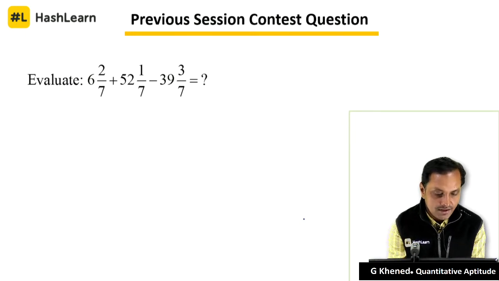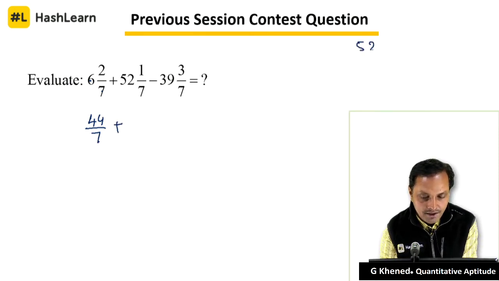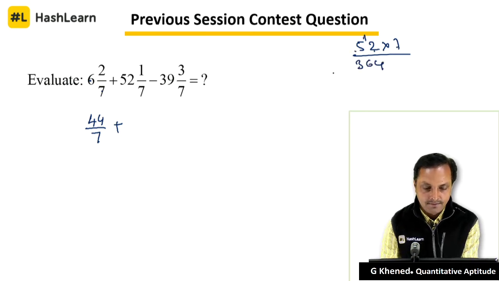Very simple. The fraction is, first you need to do 7 5s are 35, 7 6s are 42, 44 by 7 plus 52 into 7 plus 1. So 52 into 7 is 7 2s are 14, carry 1, 35 plus 1 is 36.